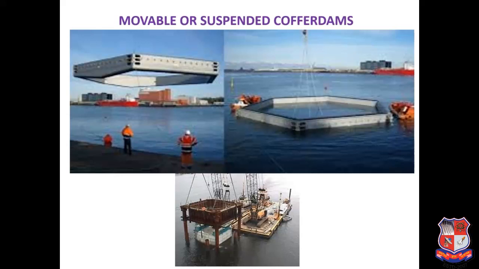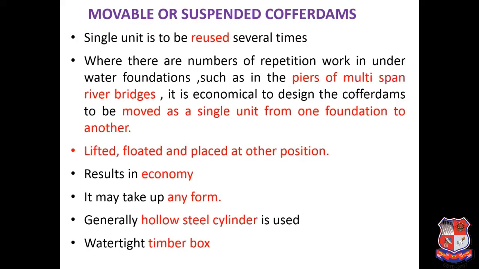So next is the movable or suspended cofferdam. As the name suggests, from one place to another place you can easily move it. Generally a concrete type of cofferdam can also work as a movable cofferdam. It is a single unit to be reused several times, where a number of repetitions of work are required, such as the piers of multi-span bridges.